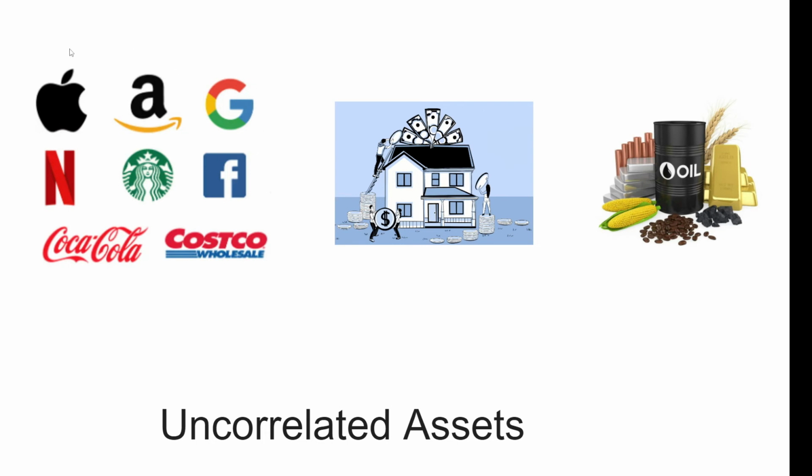Think about the stock market versus commodities. They typically have low or negative correlation. So let's say you want to invest some portion in stock and some portion in gold, per se. So what happens if the stock market crashes?